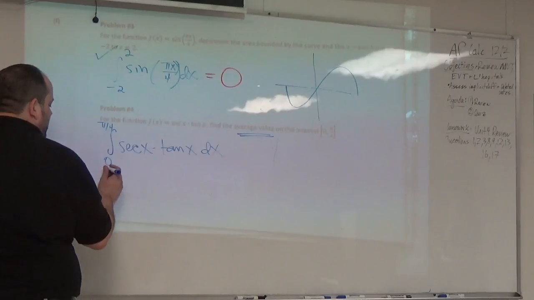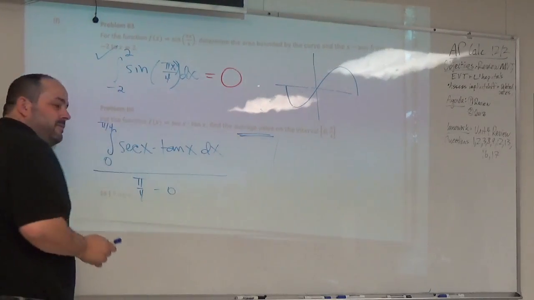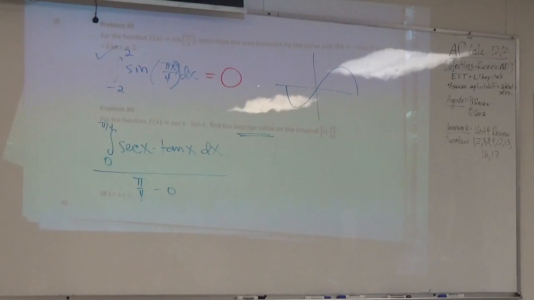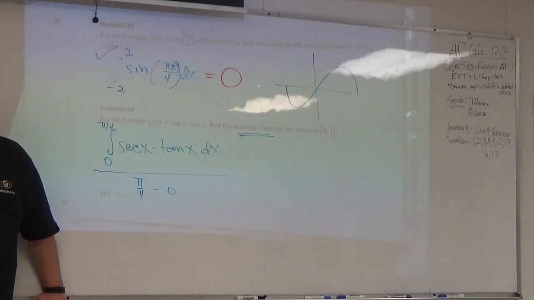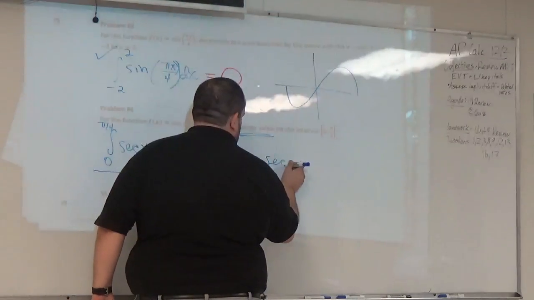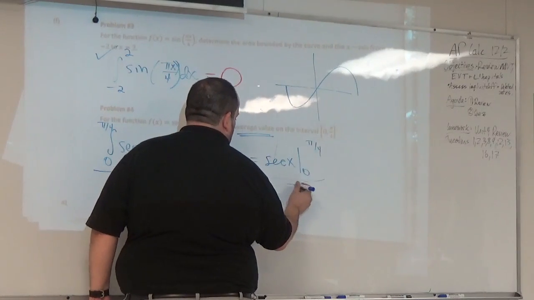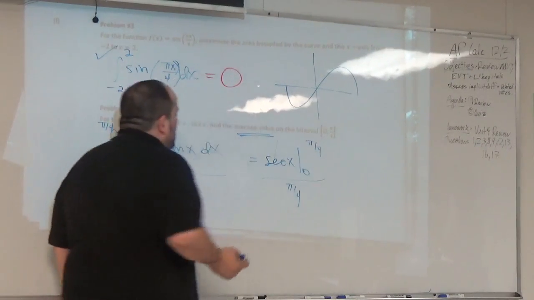What that does is it gives you the total, and then you divide by pi over 4 minus 0. And the integral of secant of x times tangent of x? You have to just know this one on sight. Secant of x. So this is secant of x from 0 to pi over 4 divided by pi over 4.